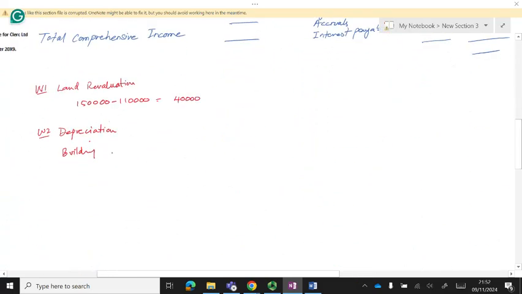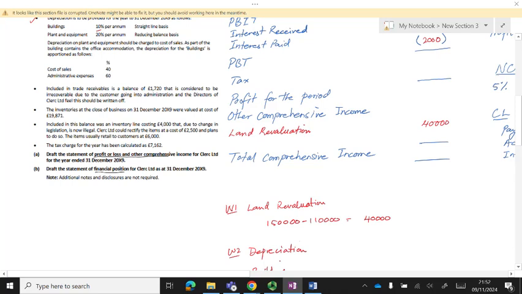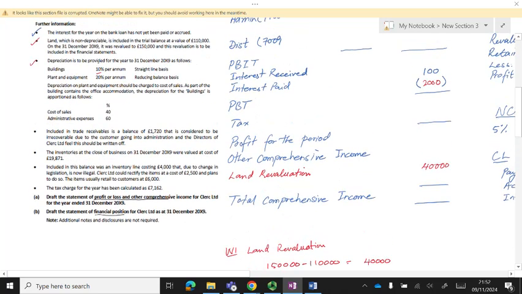So if I take 210,000, which is the value of land and building, and subtract the original value of land, I will find the value of building, which will be 100,000, on which I will apply 10% depreciation.